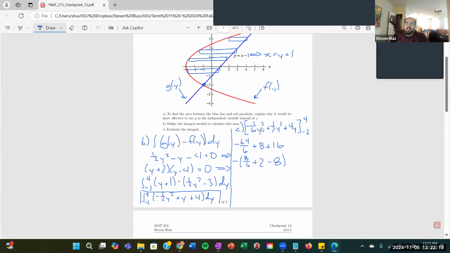So what happens here? Let's combine some like terms. I think I can stay away from my calculator here. First I'll do this. These two things reduced, so -32/3 and 4/3.